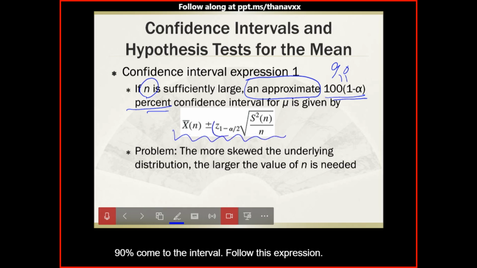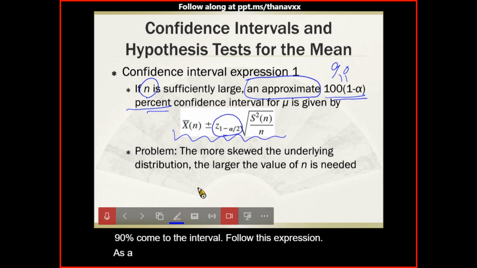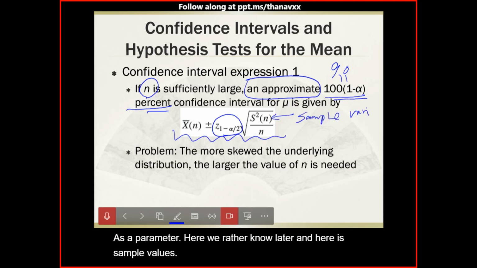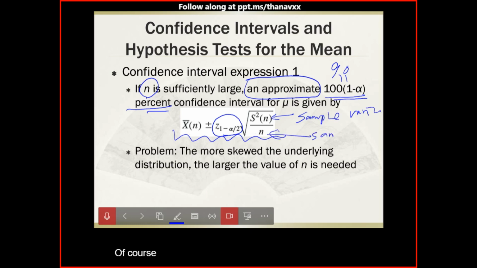As for the parameter here, we will know later. And here is the sample variance. Of course, the sample size. And a parameter z. Z through lookup.